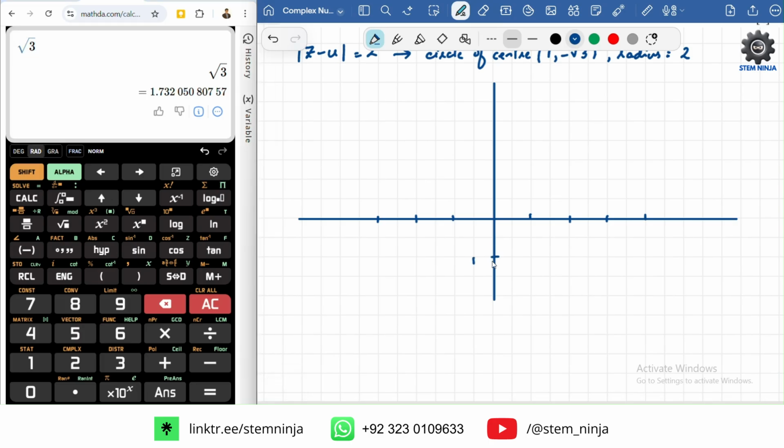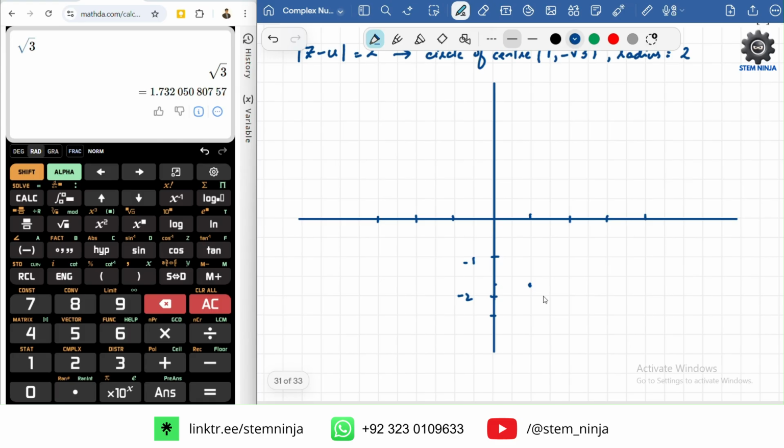So if for example we say this is minus 1 and this is minus 2, so 1.73 roughly right over here. Let's just gently make it over here.